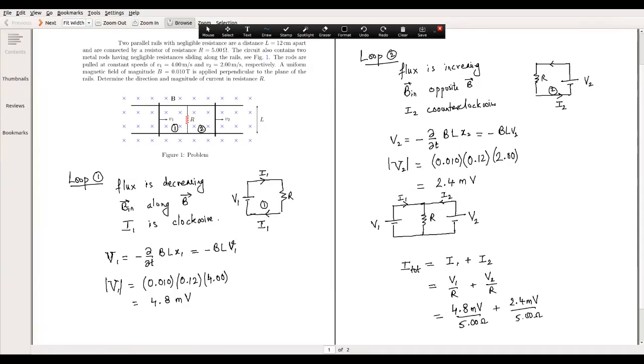The numerator adds up, so that's 7.2 divided by 5. So that's 1.44 milliamps.